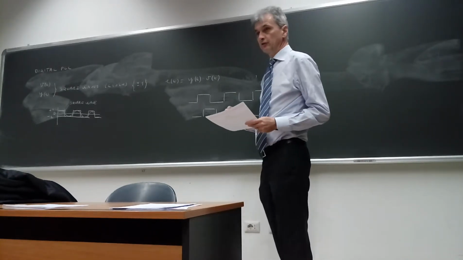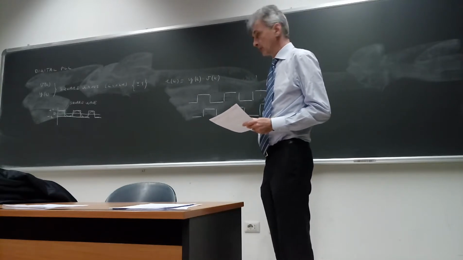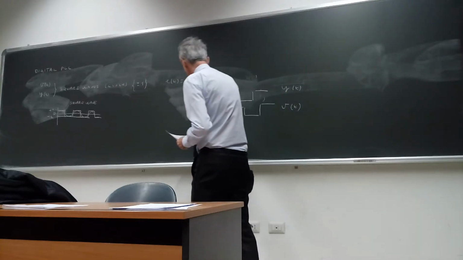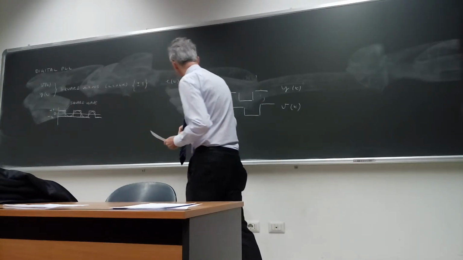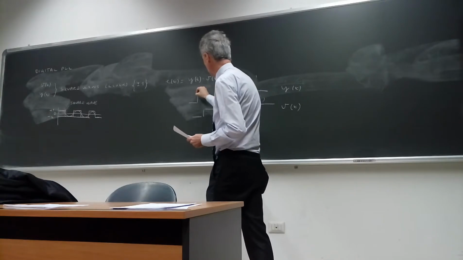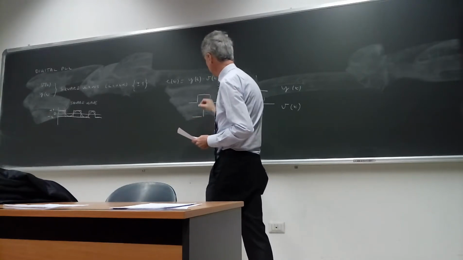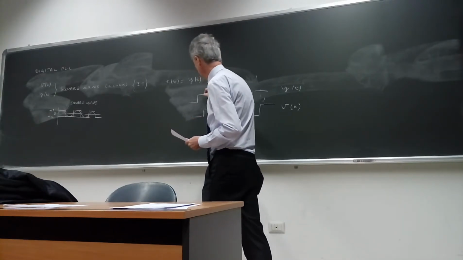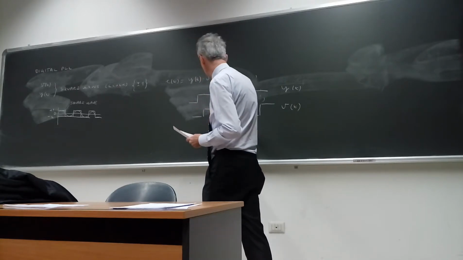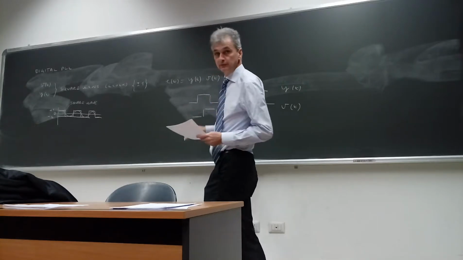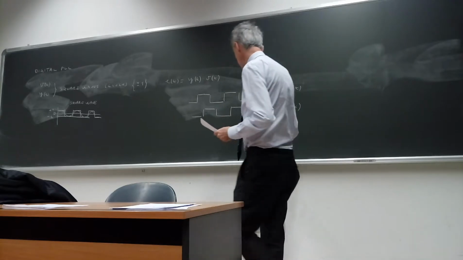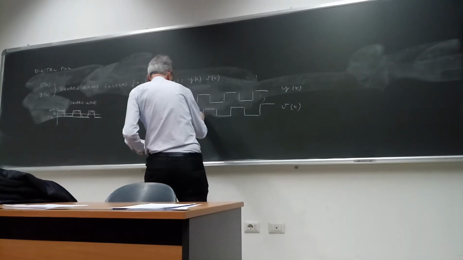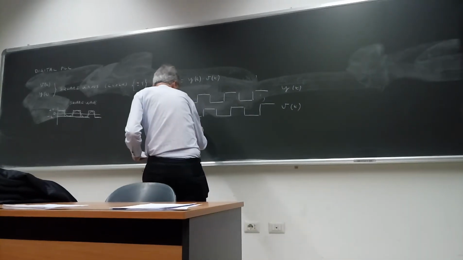So the error has a 0 mean, okay, and the rising edge of v is exactly in the middle of the hold of the plus 1, let's say, of y, and the falling edge is in the middle of the minus 1 of y. So the error here is positive.